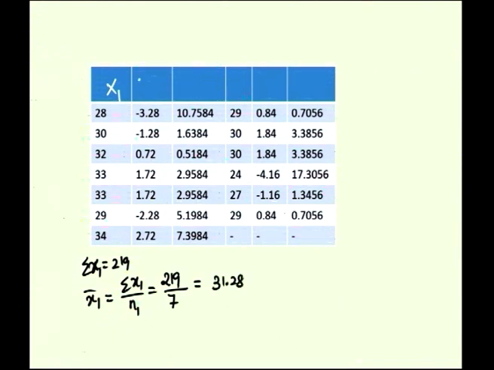So, each value is subtracted with 31.28, which is x1 minus x1 bar. Okay. So, 28 minus 31.28 gives you minus 3.28. Similarly, 30 minus 31.28 is minus 1.28. Like that, these values are calculated.